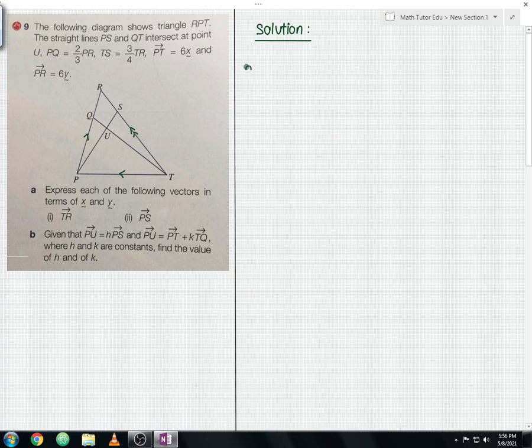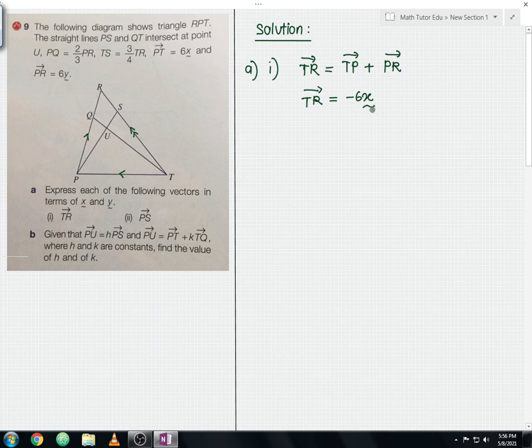Let us start to solve. Question A, part 1. To find vector TR will be equal to vector TP plus vector PR. So from here, vector TR will be equal to negative 6x.